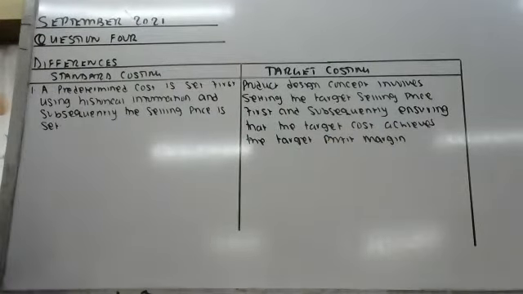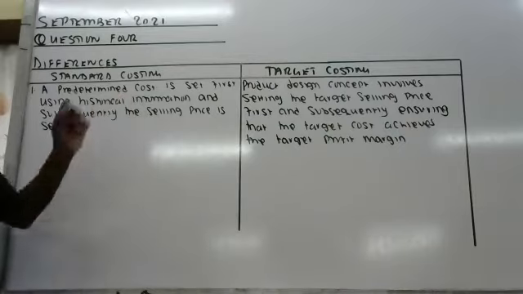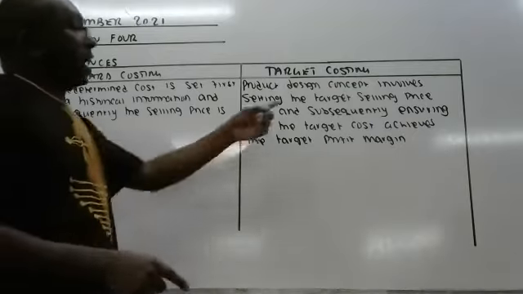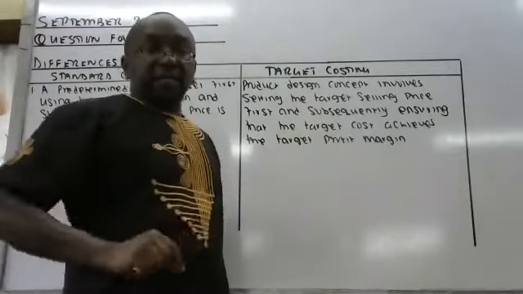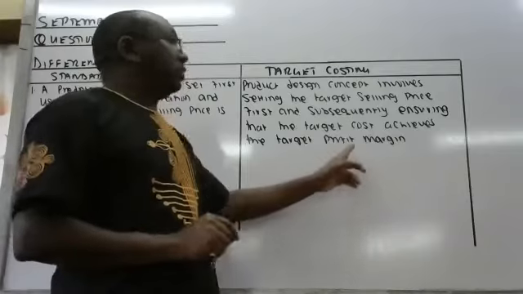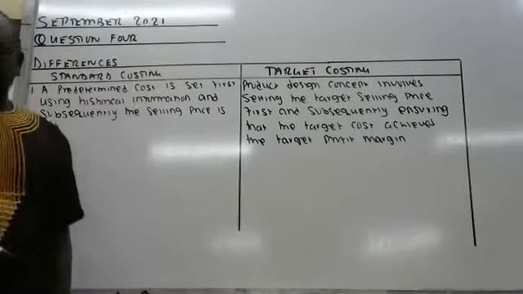So that is the first difference between standard costing and target costing. Here we set the cost first, then we get the selling price. But here we first of all set the selling price. If I told you, you get the selling price, then you subtract the desired profit so that you're able to get the target profit margin.